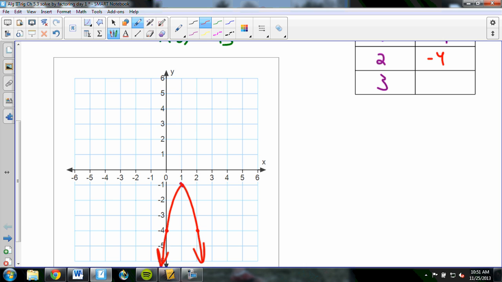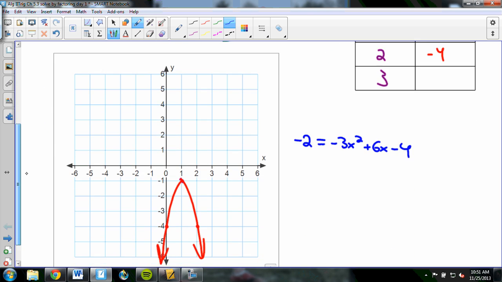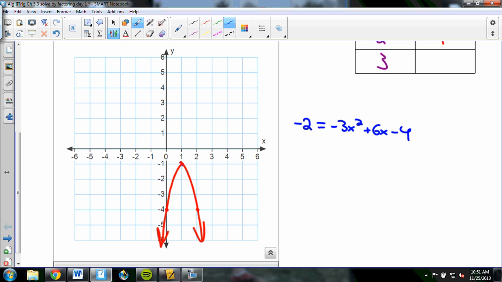And on your homework last night, you had things that were like this. Well, they would take the equation and set it equal to negative 2. How would you do that?